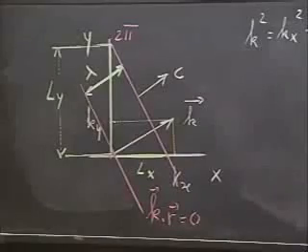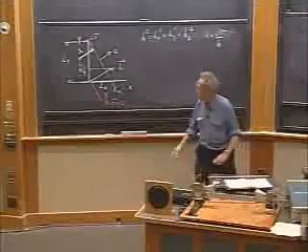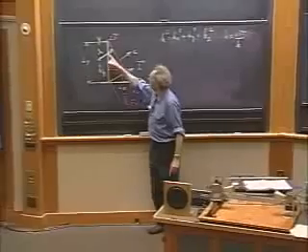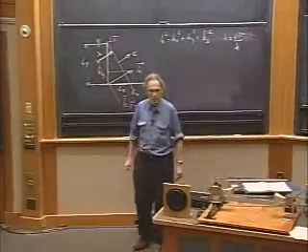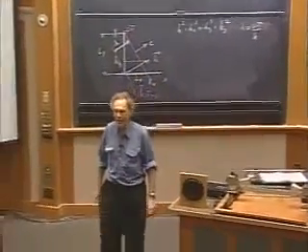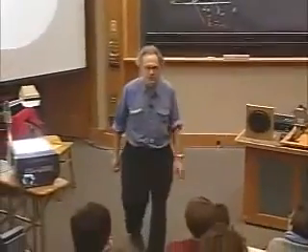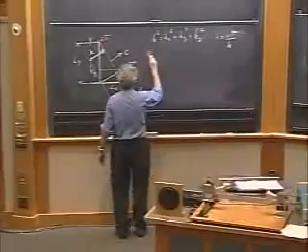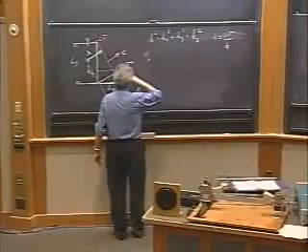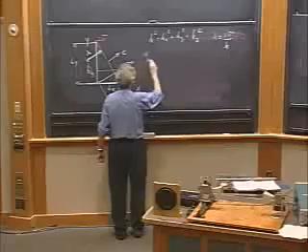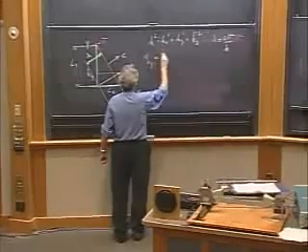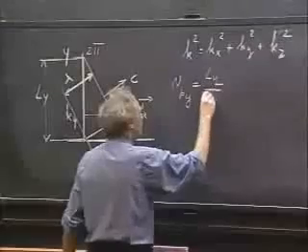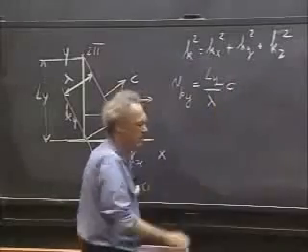How far has it moved in the y direction then? All the way from here to there. So its speed in the y direction is larger than c. And so that speed, which we call the phase velocity in the y direction, is very simple: it is Ly divided by lambda times c.